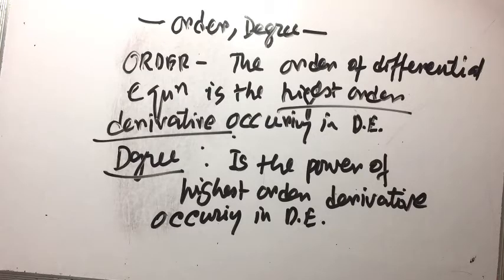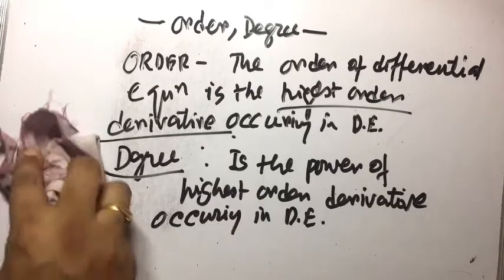Now the example. So these are the definitions of order and degree. Consider the differential equation. We have to find out the order and degree of the differential equation.